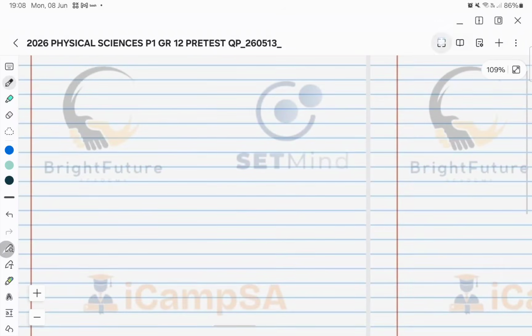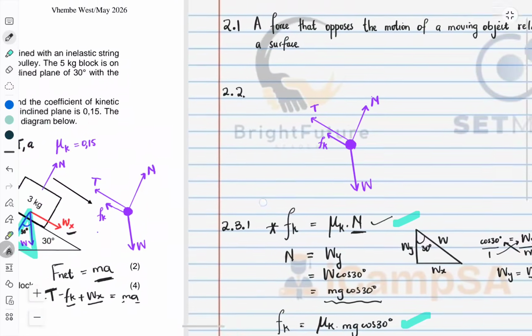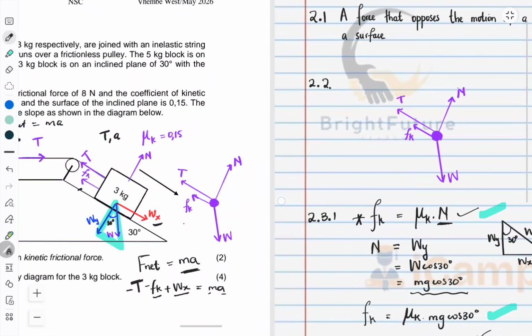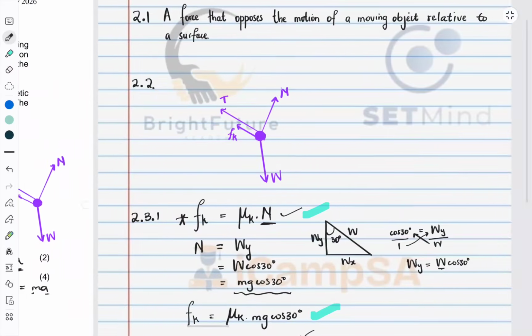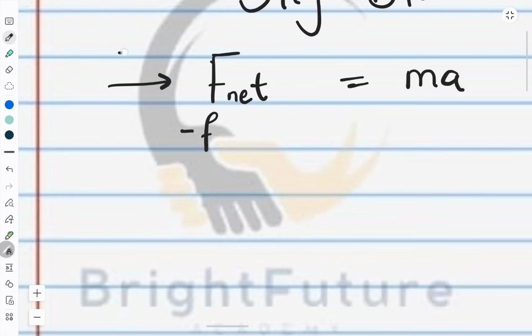For the 3 kilogram block, what we can do is the same thing that we just did for the 5 kilogram block. We'll say the net force is ma. We have Fk, T, and Wx in our direction of motion. So minus Fk, I'm still choosing the same side as positive.